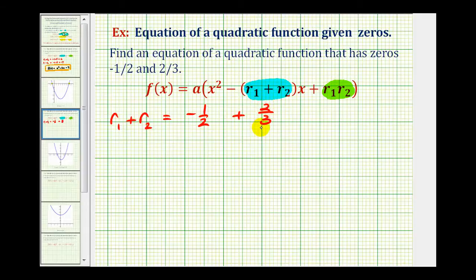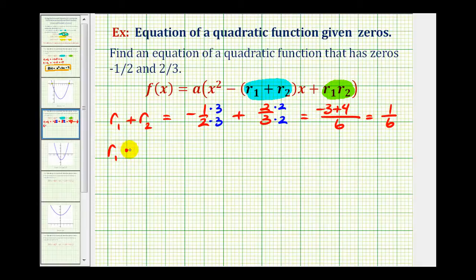Here we'll have to have a common denominator, which would be 6. So we'll multiply the first fraction by 3/3, the second fraction by 2/2. Notice how we have a common denominator of 6, and then we have -3 plus 4. So the sum of the roots is +1/6.